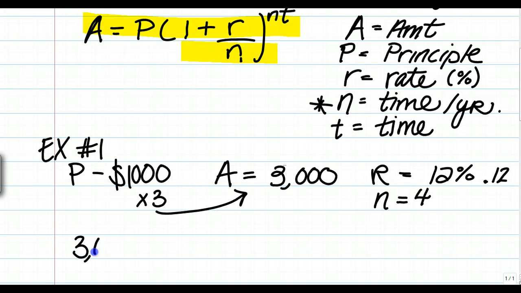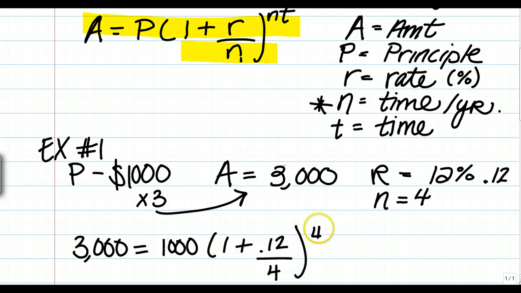I have 3,000 equals my principal, which is 1,000, times 1 plus 0.12 over my compounded quarterly 4, to the 4 times t, and we don't know what the time is, because it says how long will it take?